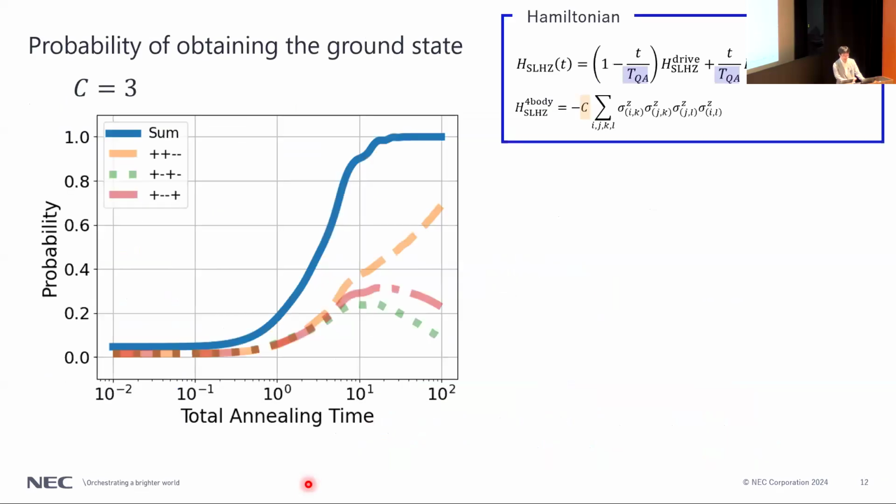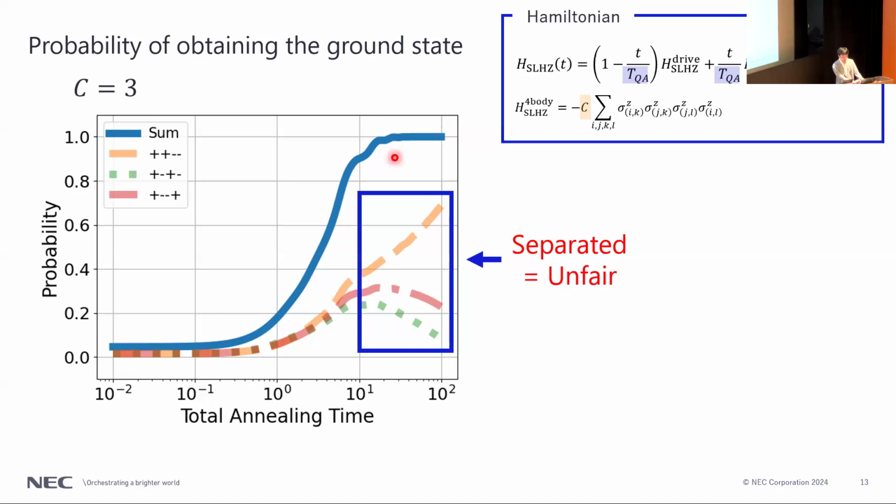This graph shows the ground state probability. The horizontal axis represents quantum annealing time, and the vertical axis represents the probability. The orange, red, and green lines represent the probability of obtaining each of the three ground states, and the blue line represents the total probability.